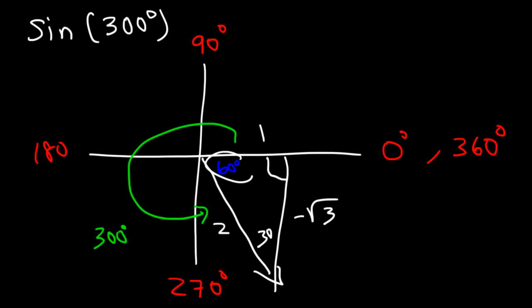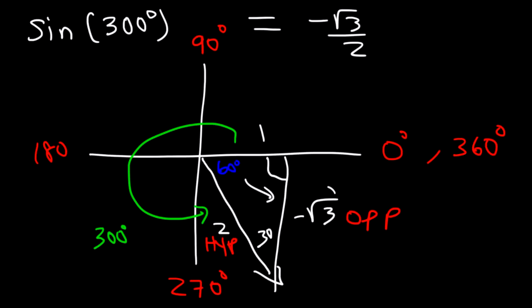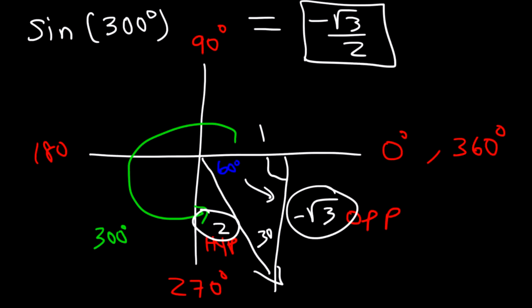So 300 is associated with 60. So let's use the fact that sine is opposite over hypotenuse. So therefore sine 300 is going to be negative square root 3 divided by 2 using SOHCAHTOA. And so that's how you can evaluate any function at any angle using special right triangles and reference angles.